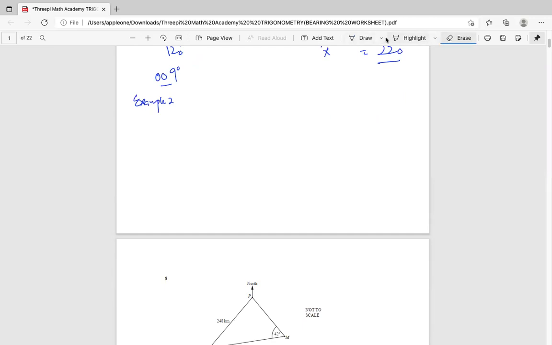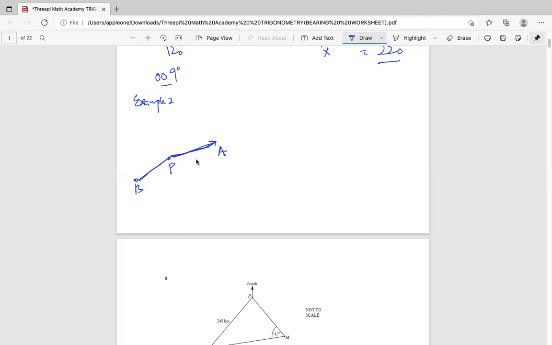Here is point B. Here is point P, and here is another line, and this is point, let's say, point A.